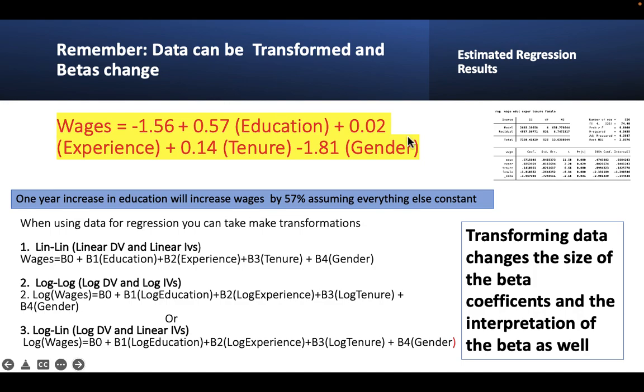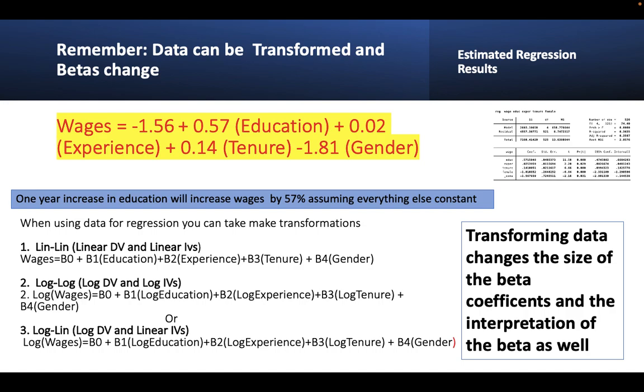It will result in the value of the beta being different. Education will probably be used as a year. Experience, on the other hand, could be months as well. So how you enter your data into the software will impact the betas that you're getting.